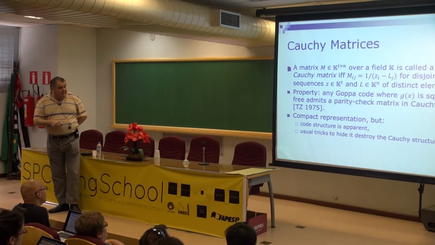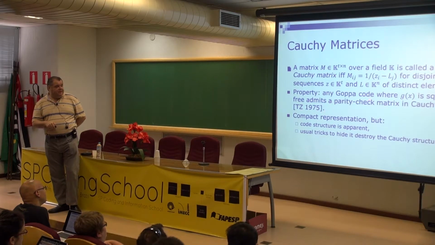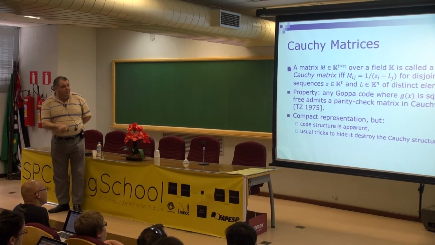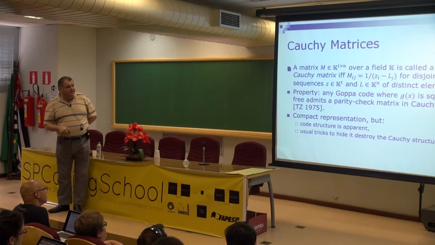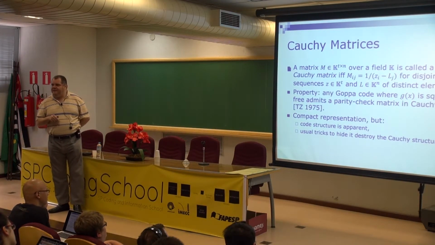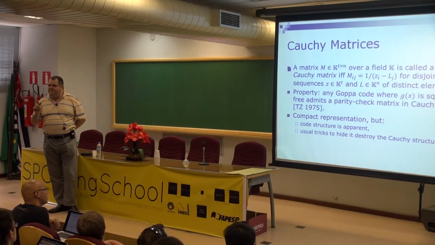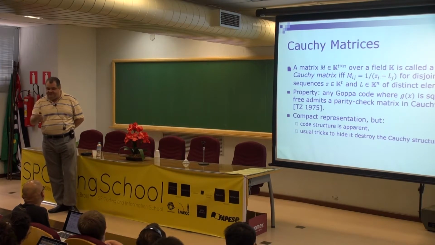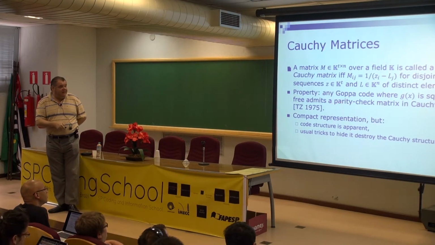And there is an interesting property of Goppa codes. It was published by Tzeng and Zimmermann in 1975. It's this theorem: any Goppa code whose Goppa polynomial G is square free, it can be composite, you only have to ensure it doesn't have repeated factors, so it's square free, admits a parity check matrix in Cauchy form.